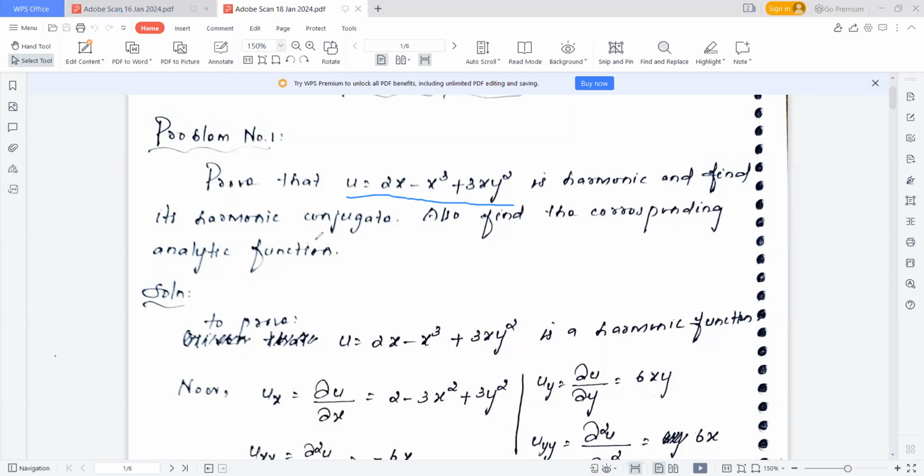First, the given function u is harmonic. Second, we need to find the harmonic conjugate of u. And the third one is the analytic function. So what is the harmonic conjugate of u?